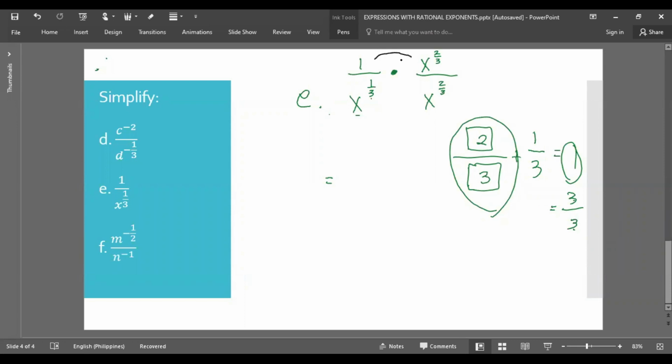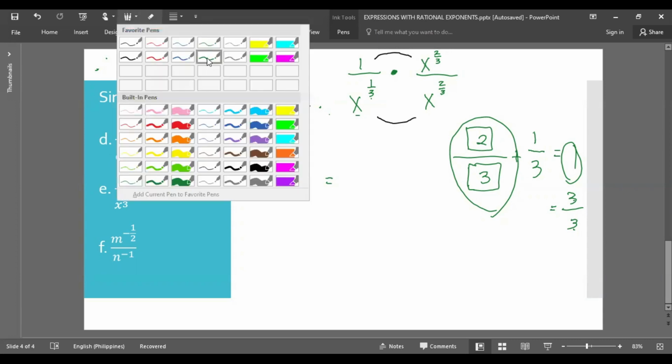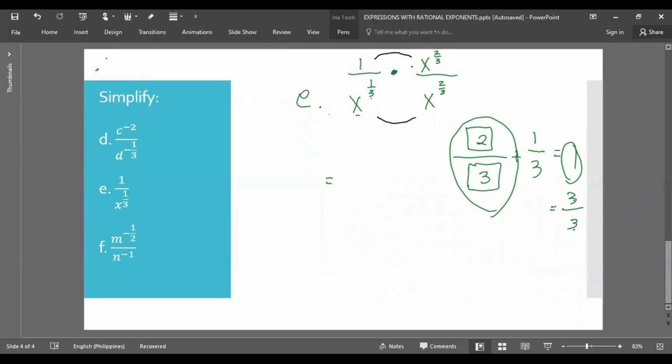Multiply these two expressions. Numerator times numerator and denominator times denominator. So we have 1 times x raised to 2/3 is simply x raised to 2 over 3, over the denominator times denominator, we have x raised to 1/3 times x raised to 2/3. Observe the expressions.